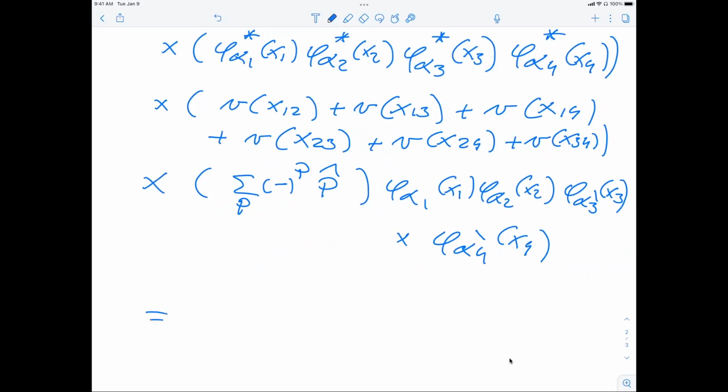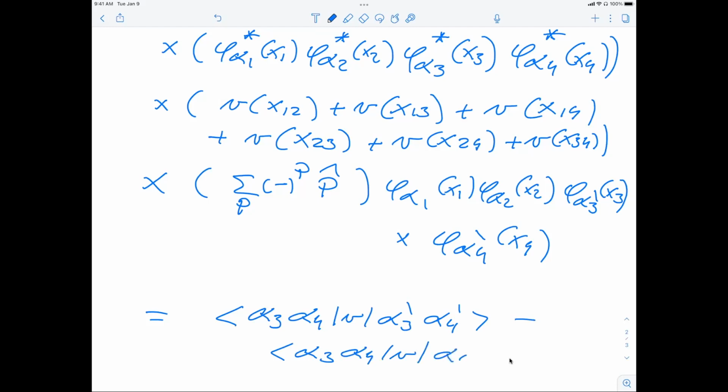And this is going to be given by alpha 3, alpha 4, v of alpha 3 prime, alpha 4 prime, minus alpha 3, alpha 4, v of alpha 4 prime and alpha 3 prime.